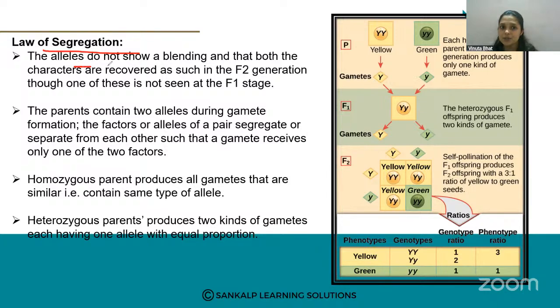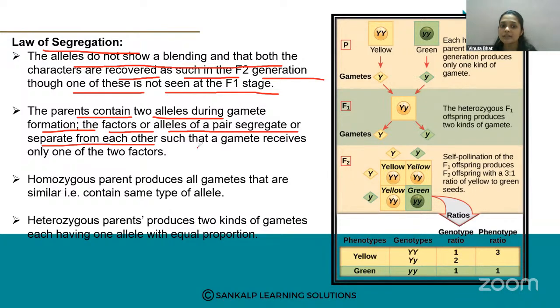The alleles do not show the blending and that both the characters are recovered as such in the F2 generation, though one of these is not seen in the F1 stage. The parents contain two alleles during the gamete formation. The factors or alleles of a pair segregate or separate from each other such that gametes receive only one of the two factors.